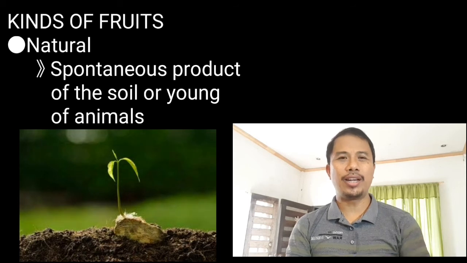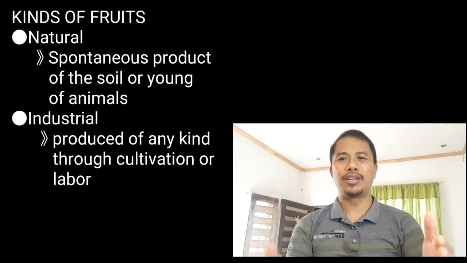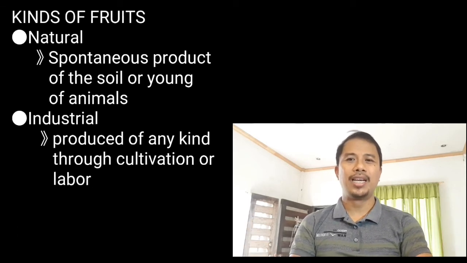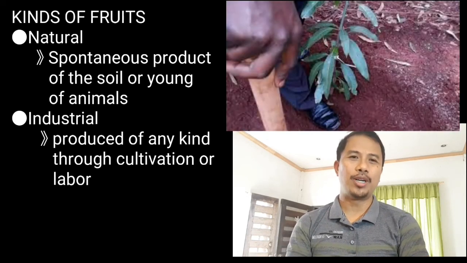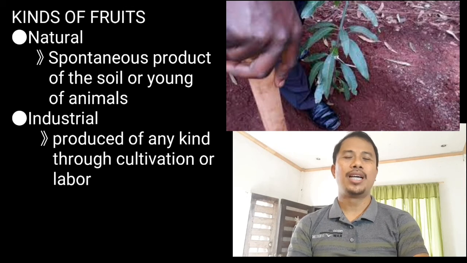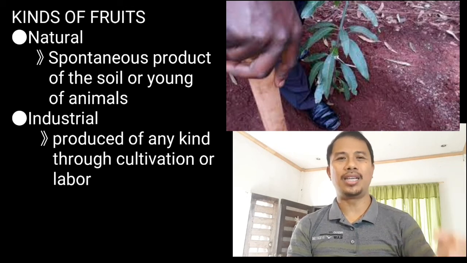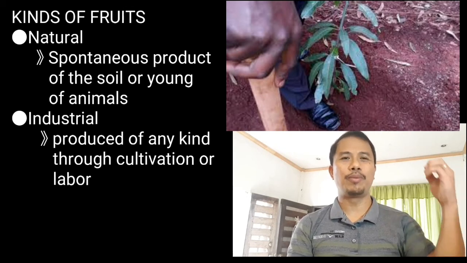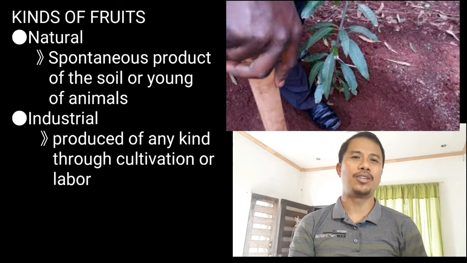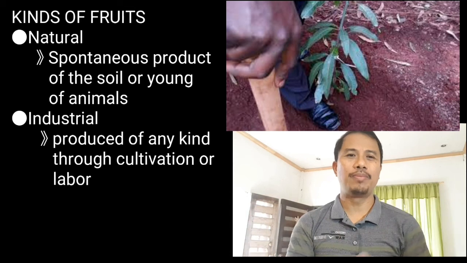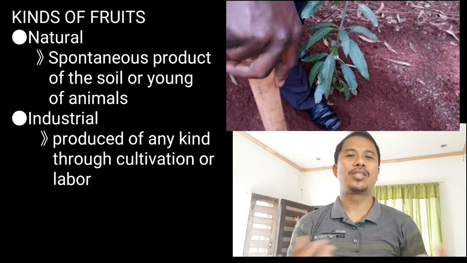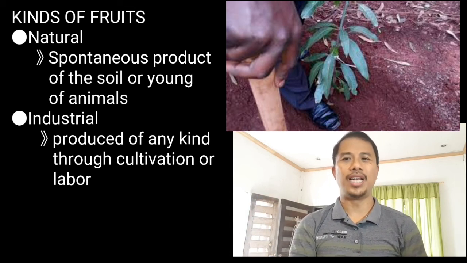Industrial fruits refer to those produced by land of any kind through cultivation or labor. So let's say I ask somebody to dig a hole on the land for me to put a mango seedling in, and the mango is now growing, then the mango becomes an industrial fruit of the land.